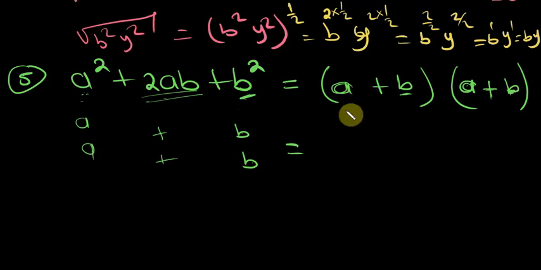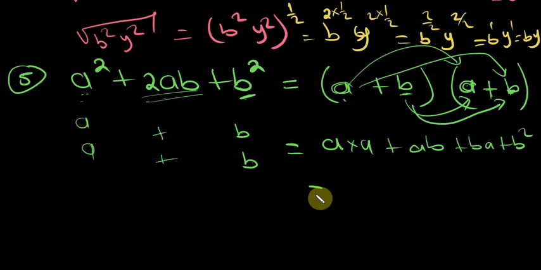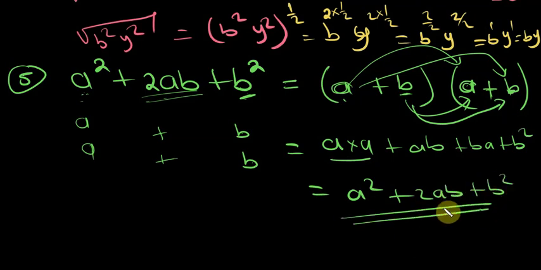Let's test it out. a times a, times a plus, well, because this one multiplied by everything in there, this one multiplied by that and that. So a times a plus a times b, then plus b times a plus b squared. a times a, that's a squared. ab plus ab, that's 2ab, plus b squared, which is exactly what we have there.